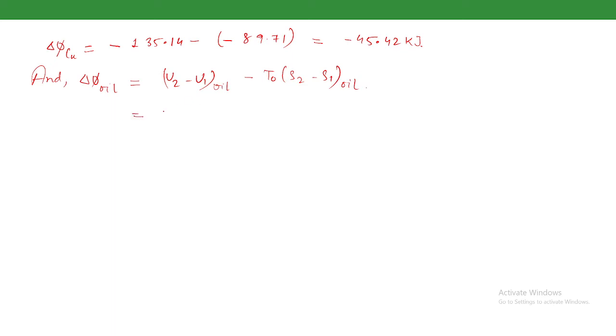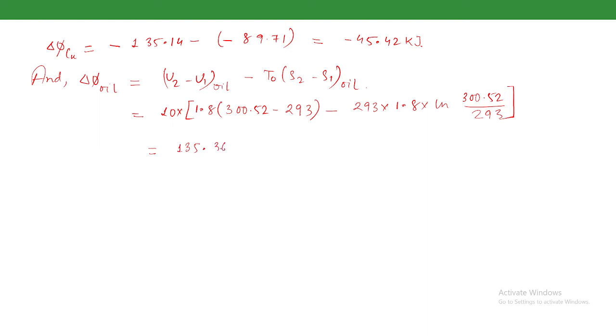So this is 10 multiplied by 1.8 into 300.52 minus the initial temperature of 293, minus 293 multiplied by 1.8 multiplied by ln of 300.52 by 293. So this value comes out to be 135.36 minus 133.65.